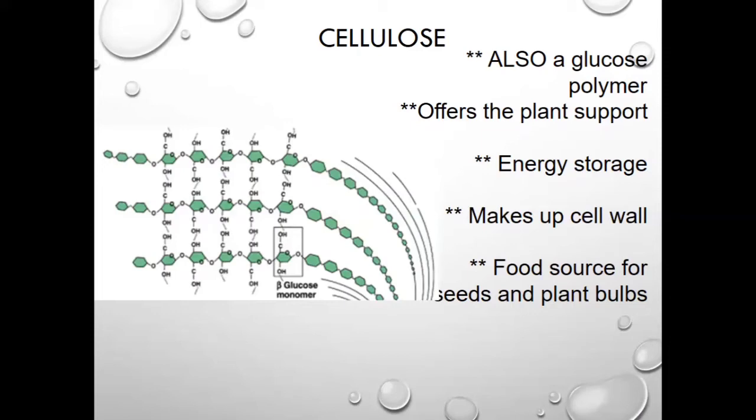So sa plant, ang kanilang means of carbohydrates is the glucose polymers, which offers plant support, kung saan ito yung nagiging energy storage ng plant for that plant grows and makes up a cell wall, a food source for the seed and plant bulbs.